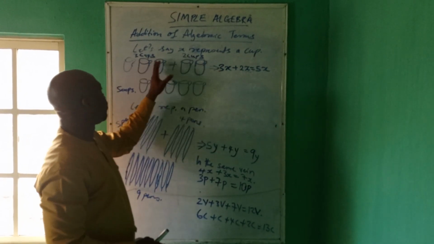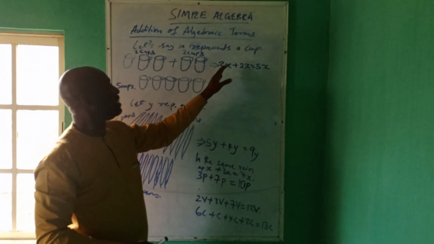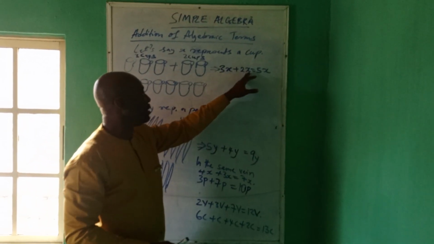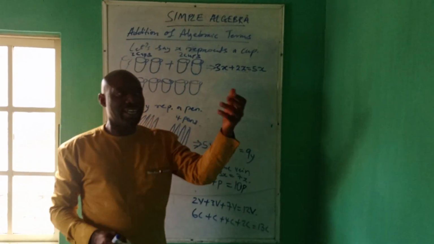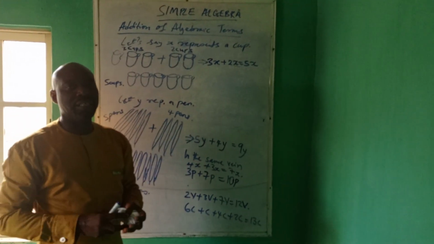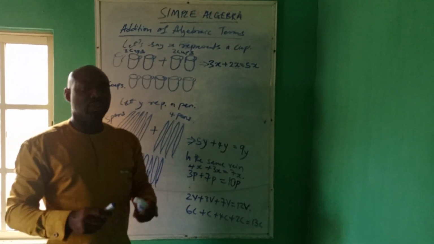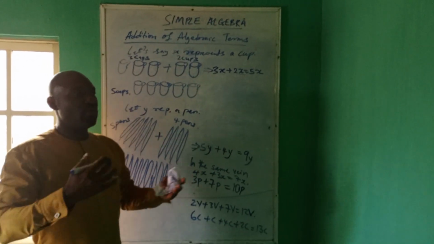And just as 3 cups plus 2 cups gives you 5 cups, that is how 3x plus 2x will give you 5x. Just like I have x, 3 of them, you have 2x, and what you have altogether is 5x. Sometimes when people just hear mathematics, there's that phobia.